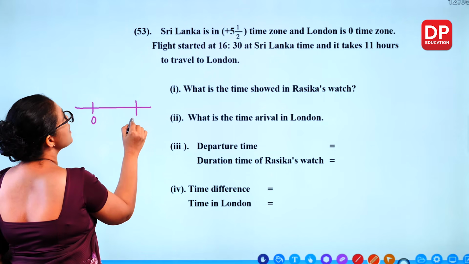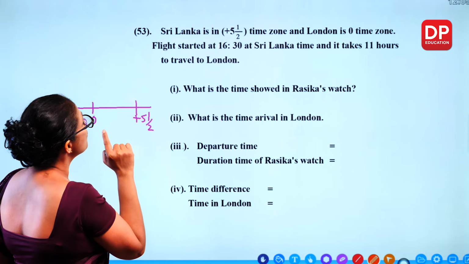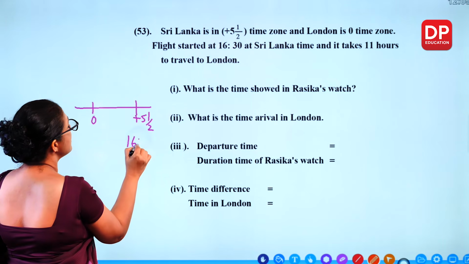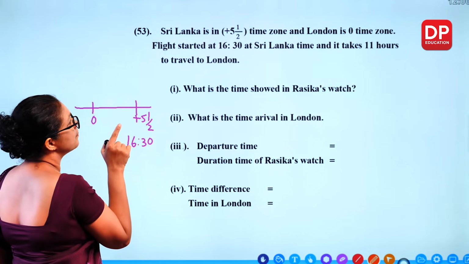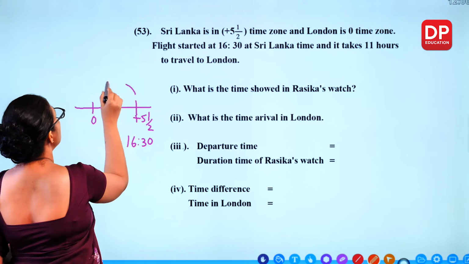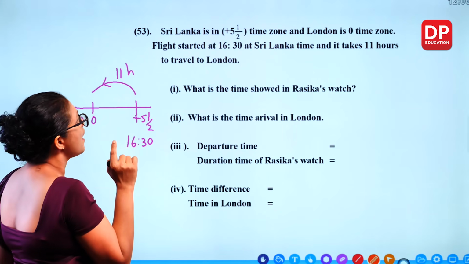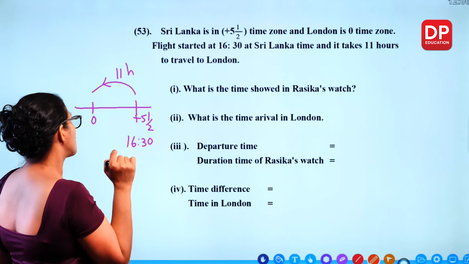Sri Lanka plus 5.5. So in Sri Lanka, the flight started at 16:30 at Sri Lanka's time. And it takes 11 hours to travel to London. What is the time shown on Rasika's watch?